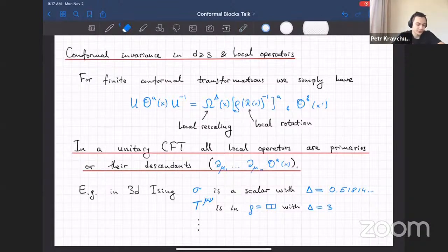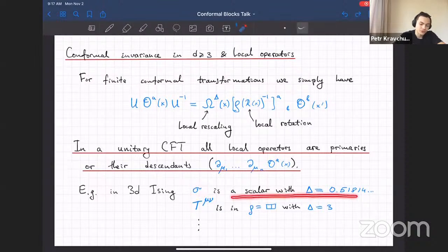For example, in something like the 3D Ising model, there is a spin field sigma, which is a scalar primary with dimension delta equal to some number that we know to fairly high precision, and so it doesn't carry any spin index.